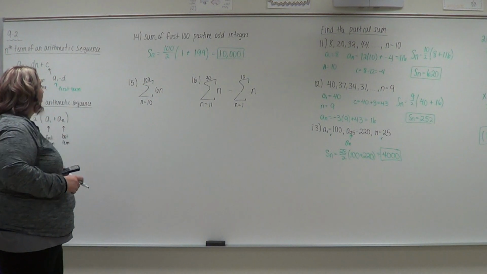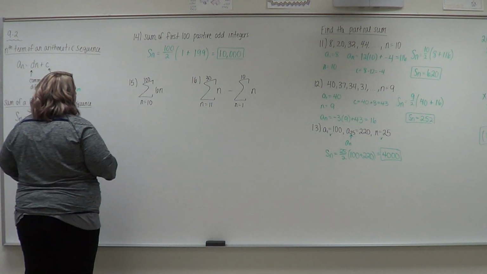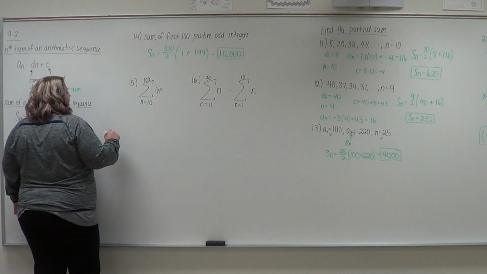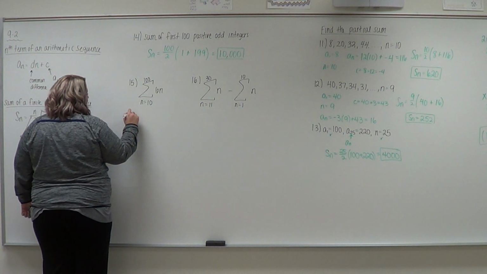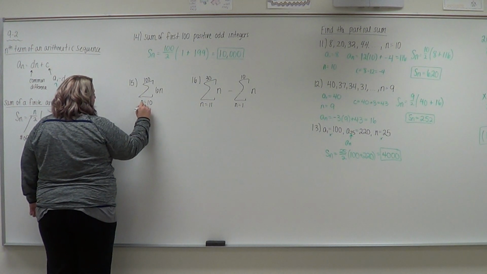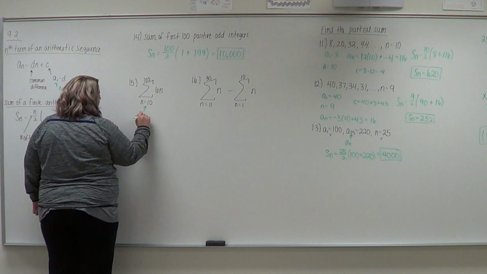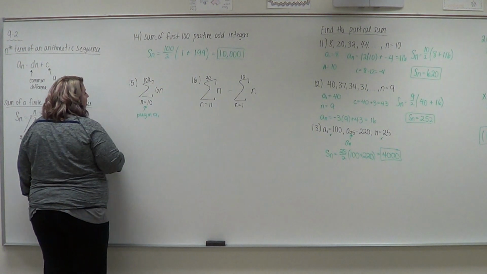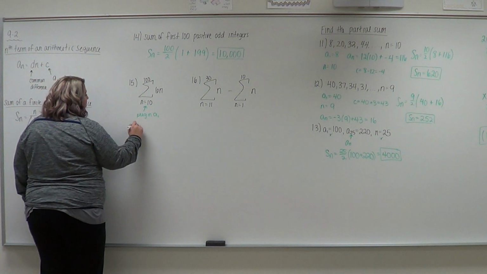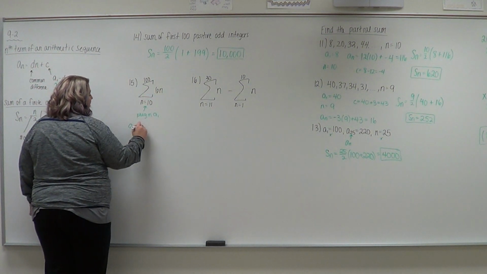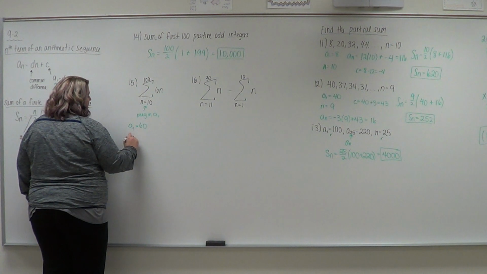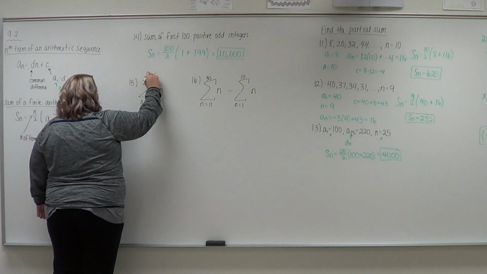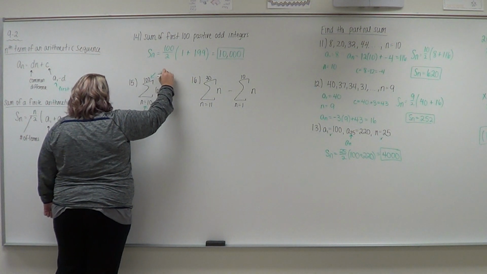Okay, sigmas. If you want to find sigmas, I need to know A1. Plug in this number to find A1. So A1, 10 times 6 would be 60. To find AN, you're going to plug in the top number.